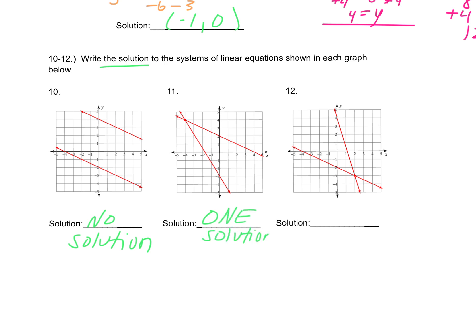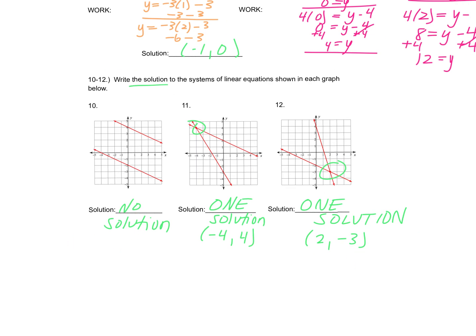And I'm going to actually write that solution as well. It's -4, 4. And this one has one solution as well, because they intersect and it crosses at 2, -3.